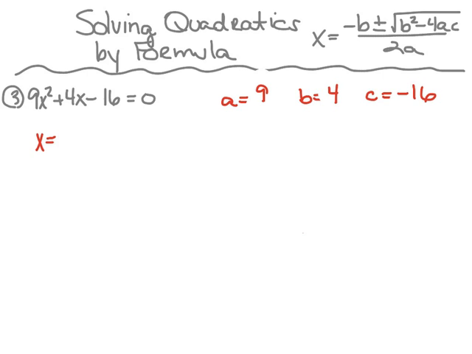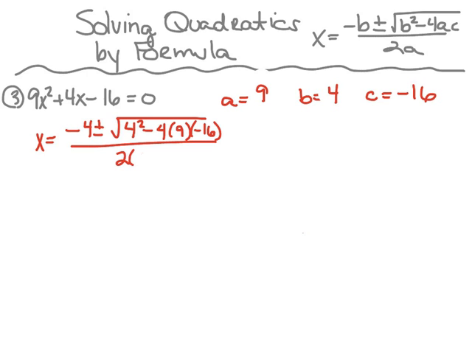So we got x equals negative b plus and minus the square root of b squared minus 4ac, all divided by 2 times a. So there's the numbers plugged into the formula.